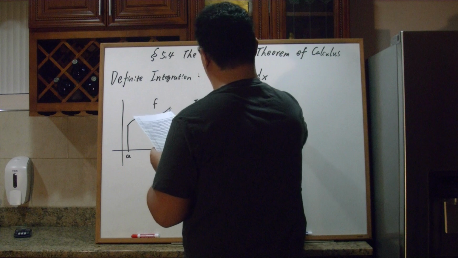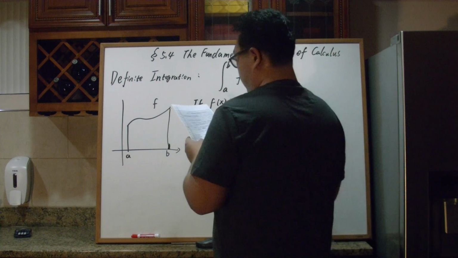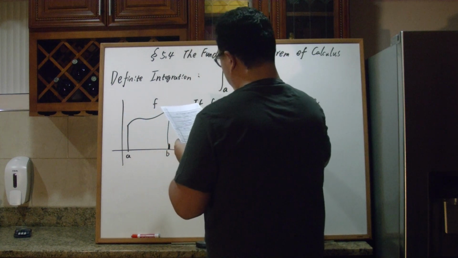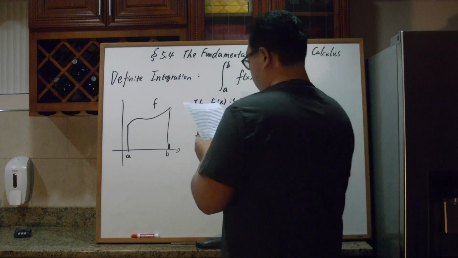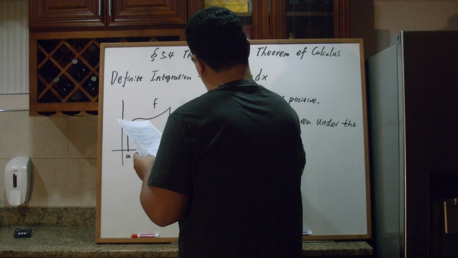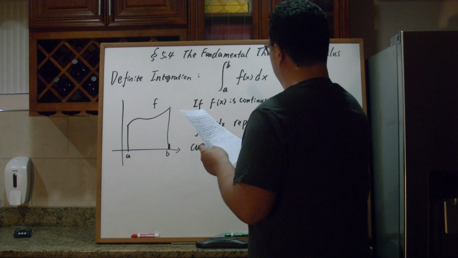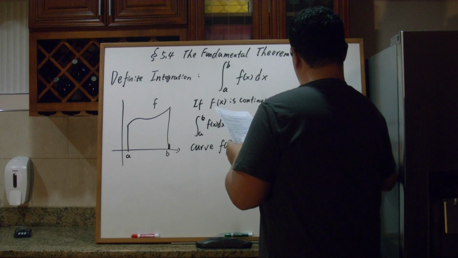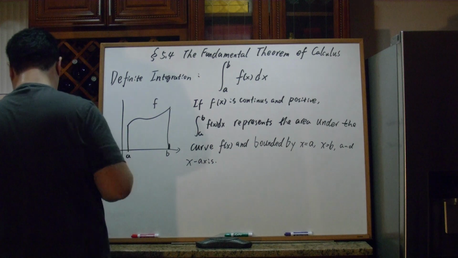If f of x is continuous and positive, then the integral from a to b of f of x dx represents the area under the curve and bounded by x equals a, x equals b, and the x-axis.